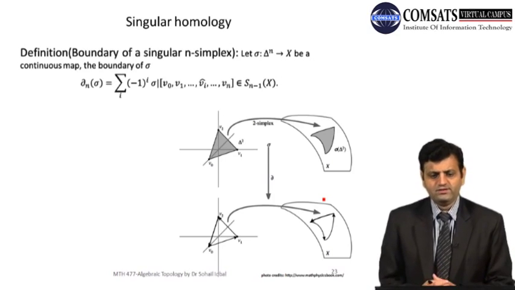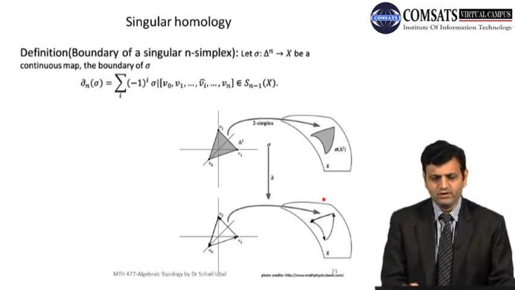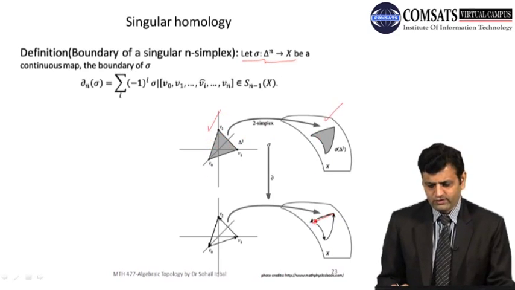Now let's define the boundary of a singular n-simplex. On the same lines, we are just going to define the boundary as follows. Let's consider this picture first. So what do I need to calculate? This is a singular n-simplex, because this is a continuous image of this standard two-simplex. Now I want to calculate this boundary.